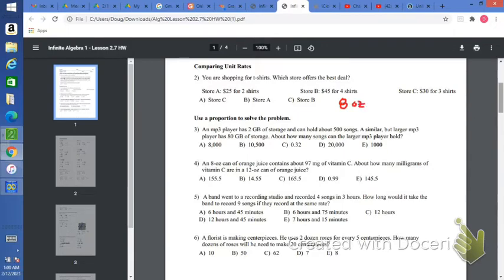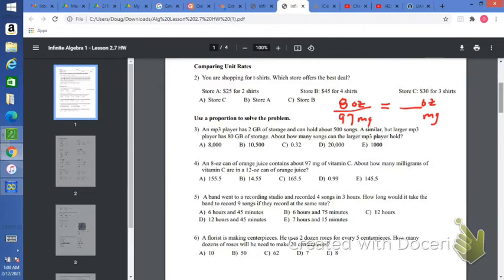You've got an 8-ounce can of orange juice, and it contains 97 milligrams of vitamin C. So I write that ratio and set it equal to another ratio, making sure ounces is up top and milligrams is on the bottom. You've got to keep it consistent.